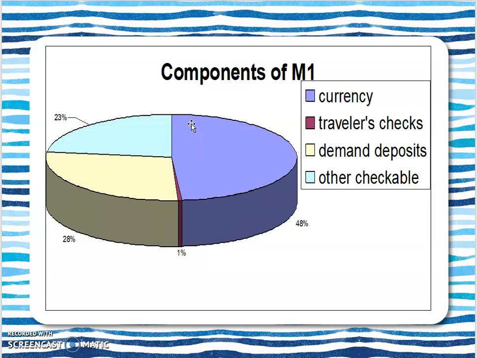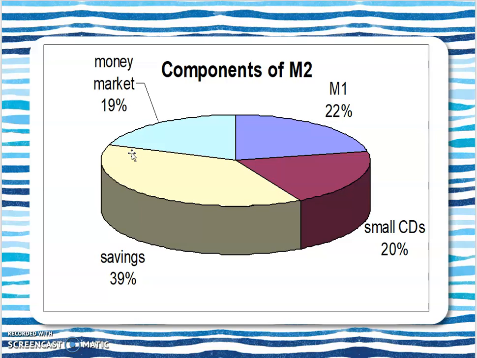So this is the components of M1, which is the currency, traveler's checks, demand deposits and other checkable deposits. This is the components of M2, money market. M1 plus the small CDs, savings and money market. So it will total the M2.